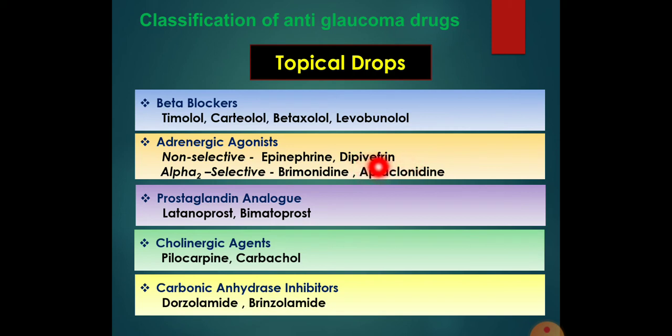So that is the reason why it is a prodrug, and it is acting better than epinephrine, which is not penetrating the cornea in a very good quantity, and it causes ocular smarting and reactive hyperemia.